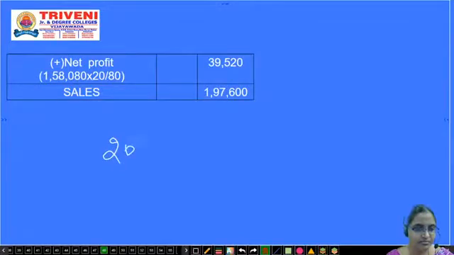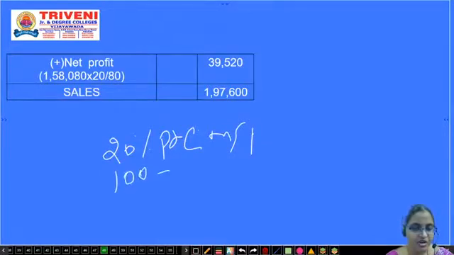20% profit on selling price means if the selling price was 100, the cost price was 80, the profit was 20. It was indirect information.